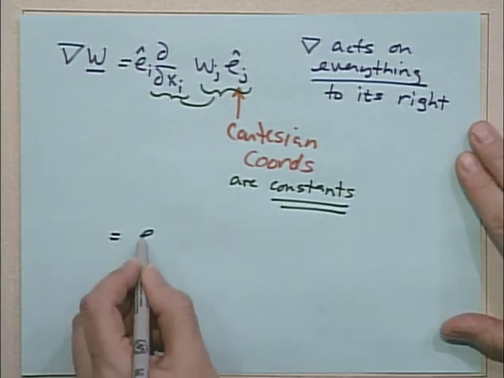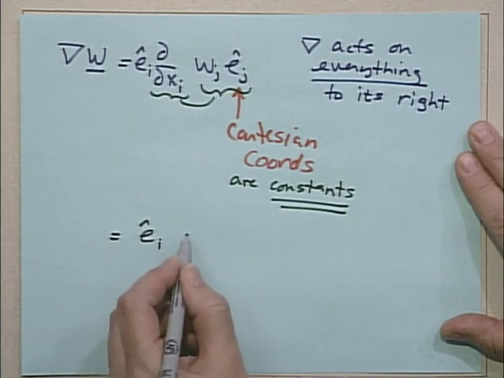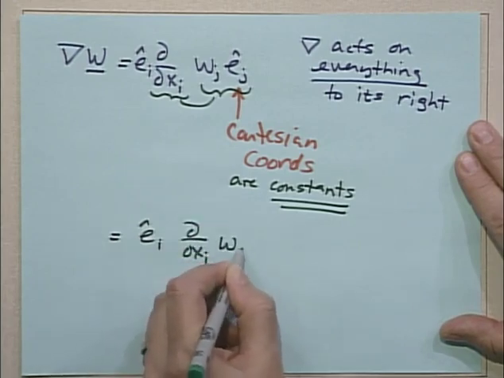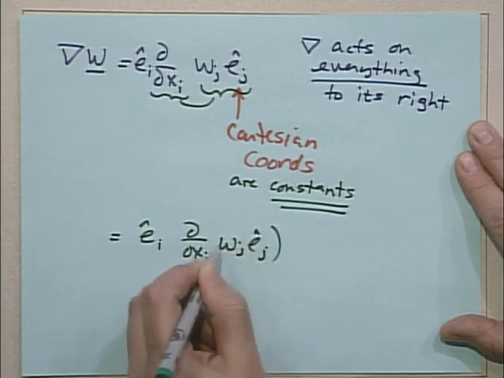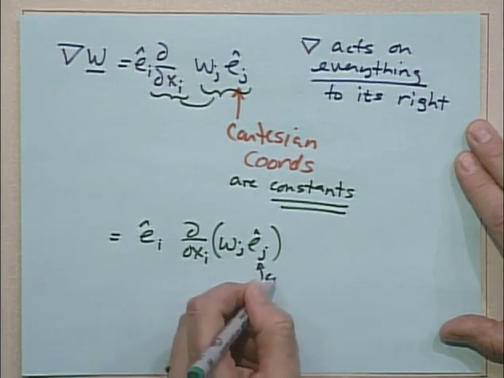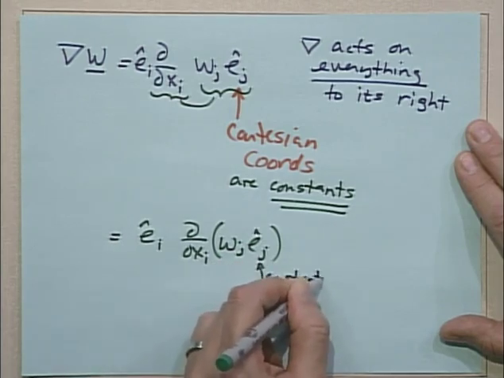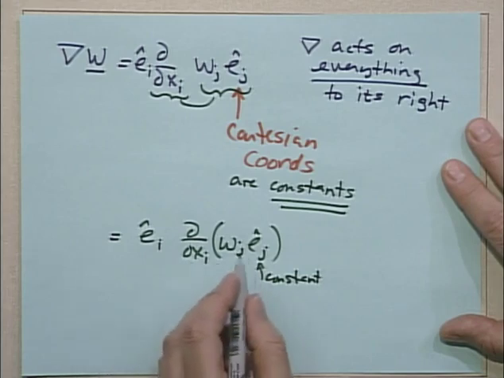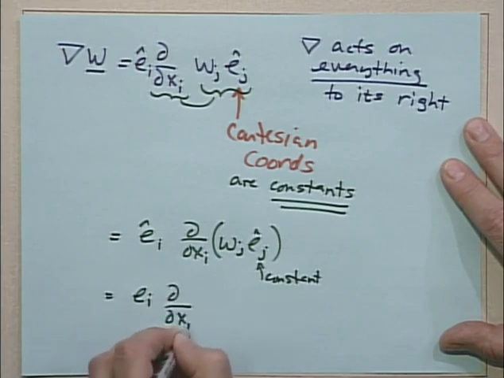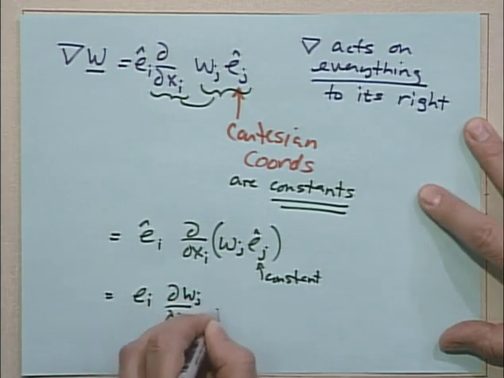We have this unit vector, and now we have d by dxi of wj ej, and they both get acted on by the derivative, but this is a constant. So this constant is irrelevant to the derivative, so this is the same as ei d by dxi of wj ej.